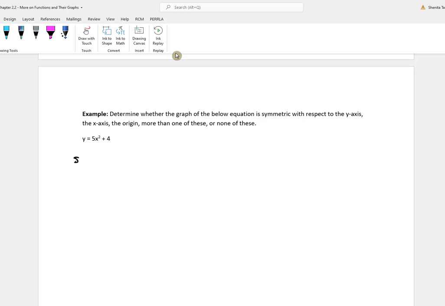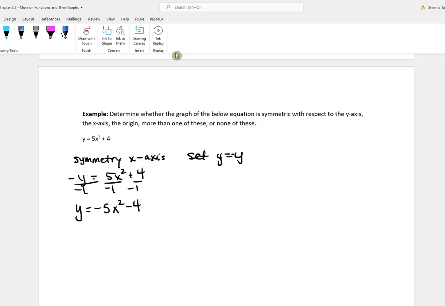So let's look at symmetry about the x-axis. To see if it's symmetric about the x-axis, you're going to set y equal to negative y. So I'm going to change this y to negative y, and then I'm going to solve for y. I'm going to get y by itself. So to do that, I'll divide everything by negative 1.